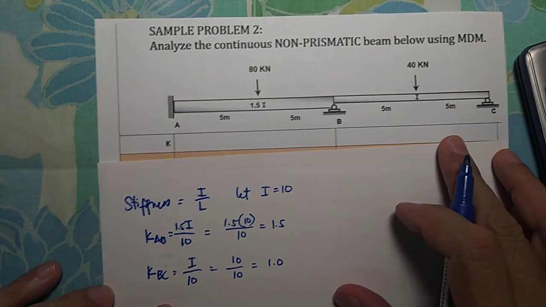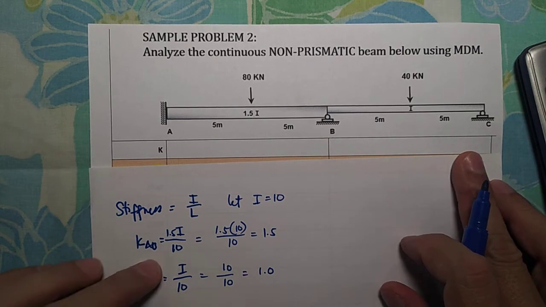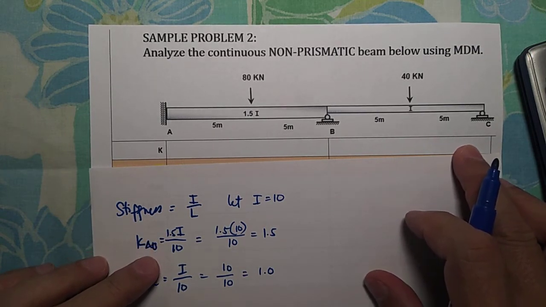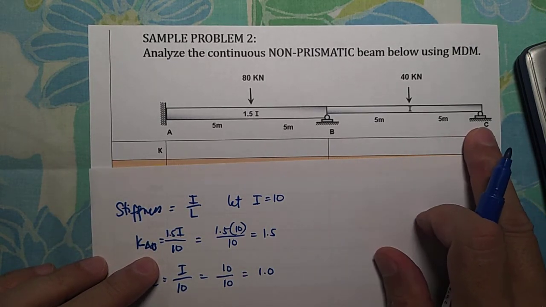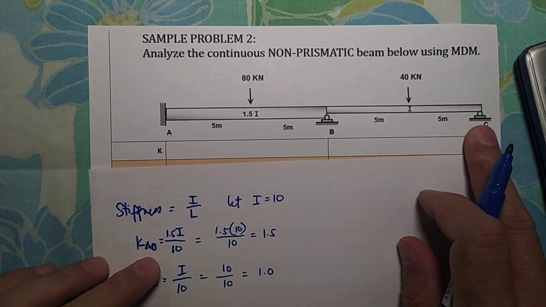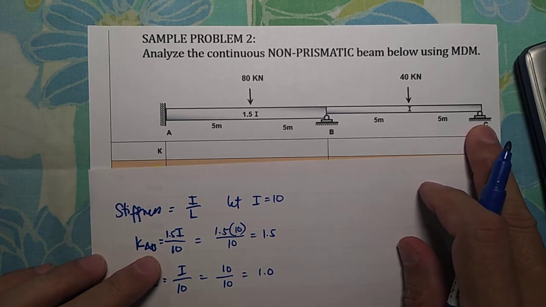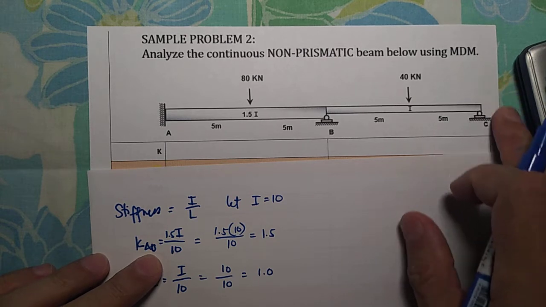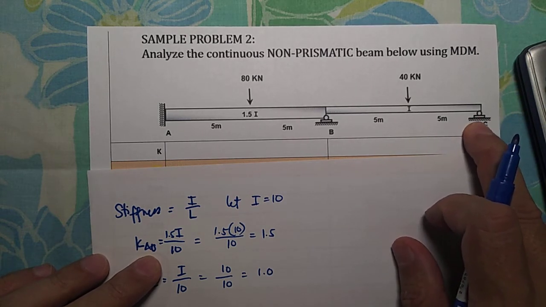Now again, since in this continuous beam we have a hinge or a roller at the end of the beam, we know again that the moment there is 0, wala namang external moment applied at that support.